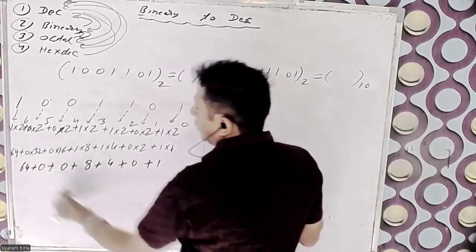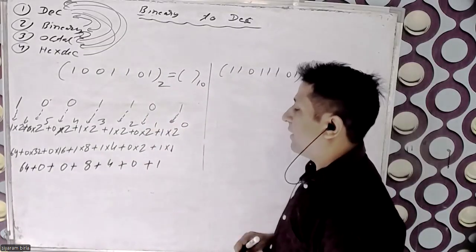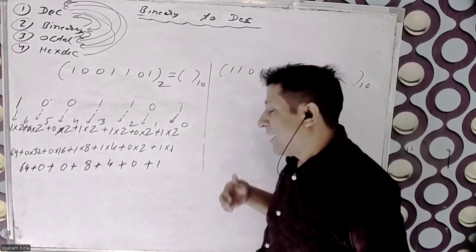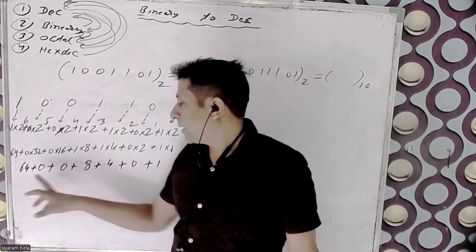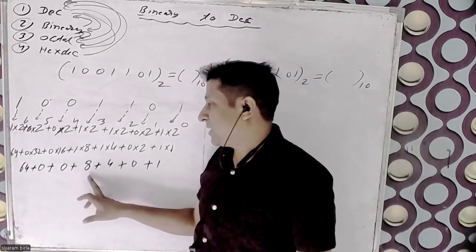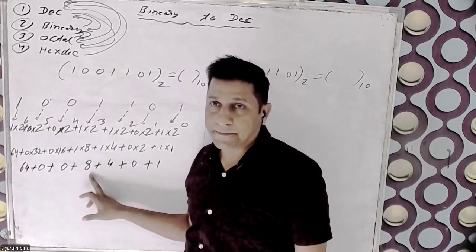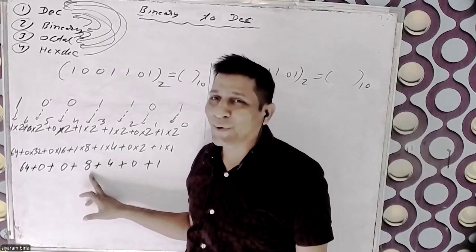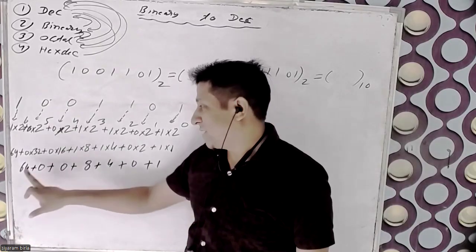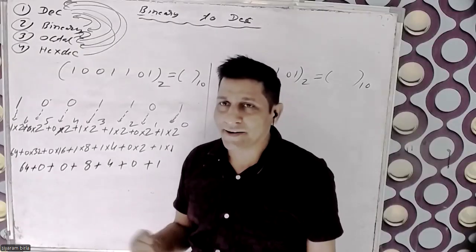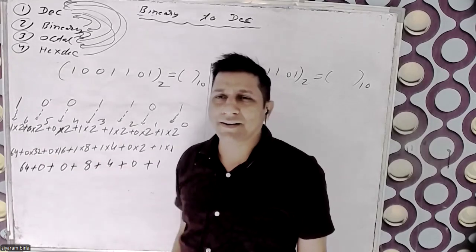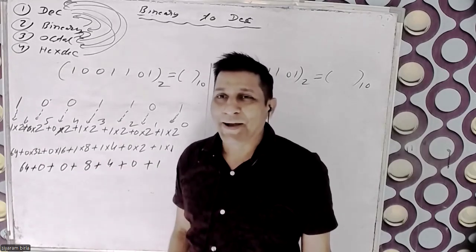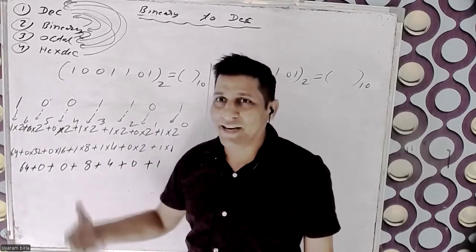If I'm adding these, you can use the calculator, but I'll give you a shortcut method. Adding 60 plus 8 is difficult, our mind doesn't go there. But 64 plus 10, I can easily add: 10, 20, 30, because it's a round number.